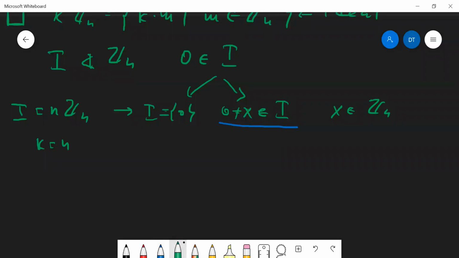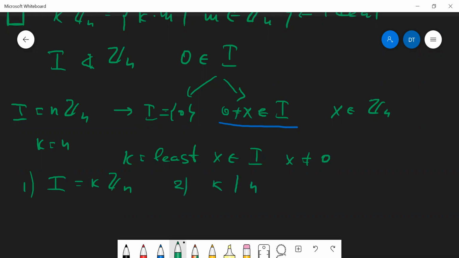We define k to be the least non-zero element of the ideal I, the least x in I such that x is not equal to 0. And now we want to show several things. Thing number one is that I is equal to k times Zn, and the second thing is that k divides n. These are two things we want to show here.